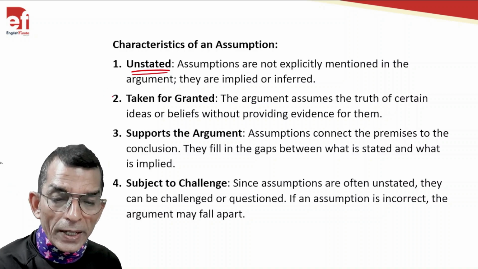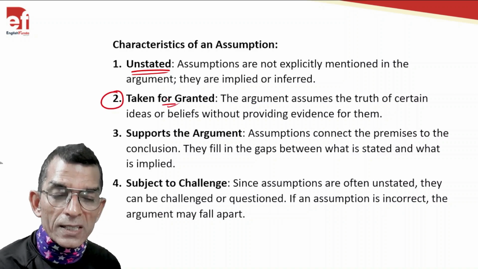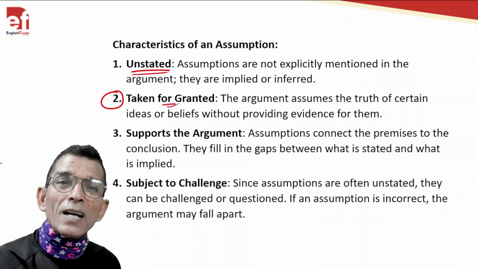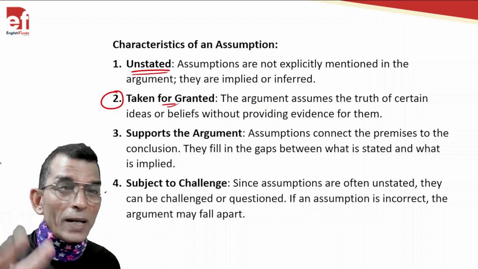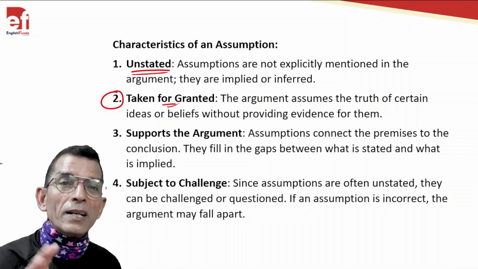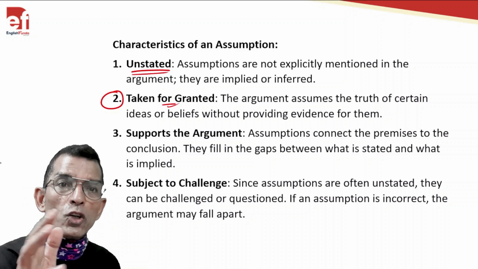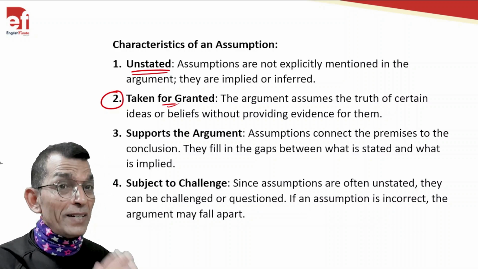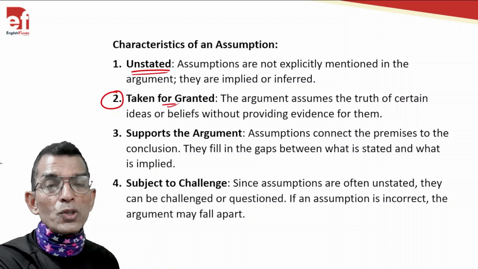Now, taken for granted. Now, this is another characteristic of an assumption. That is, why doesn't the author write it, sir? Let us take an example now and understand. Suppose when you're walking out of the house, your mom says, take an umbrella. Now, that is the action she wants you to take.